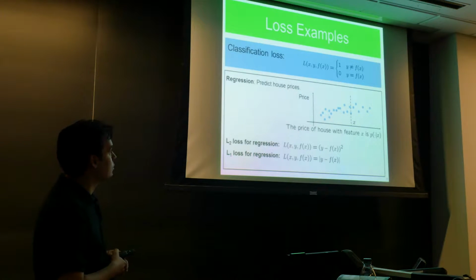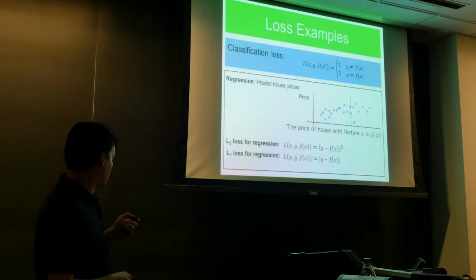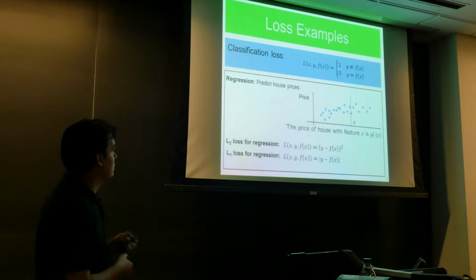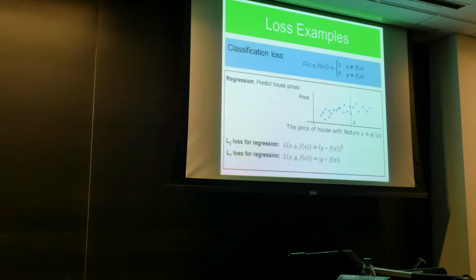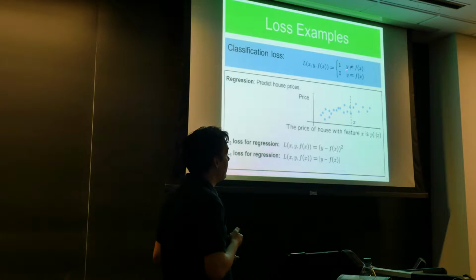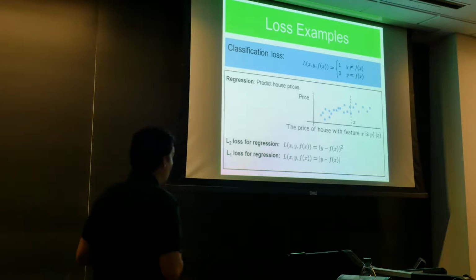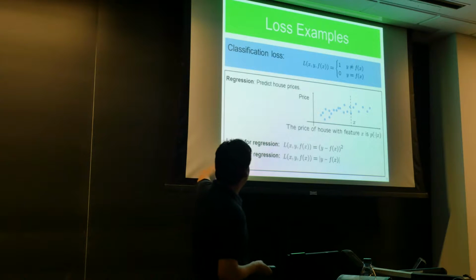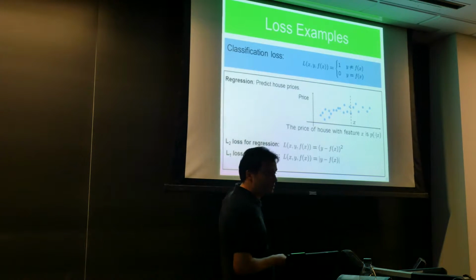Okay, in classification, we are interested in this loss that's called classification loss or 0-1 loss, which has value 1 if y, the true class label, is not the predicted class label, and 0 if they are the same. In regression, we might use the L2 loss or the L1 loss, right?